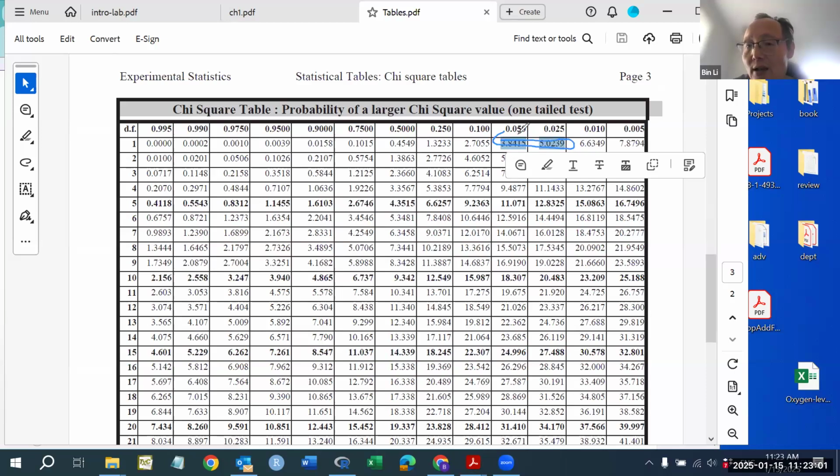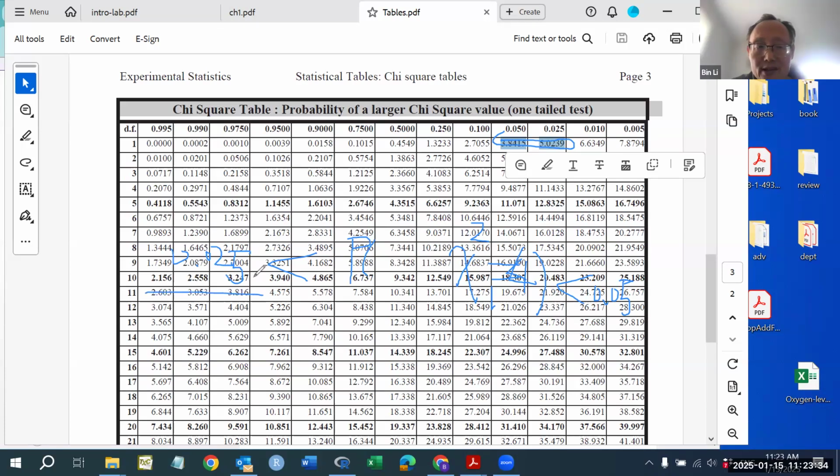So going to the top row, it shows the probability for a chi-square with 1 degree of freedom greater than or equal to 4 is bounded by 0.05 and 0.025.